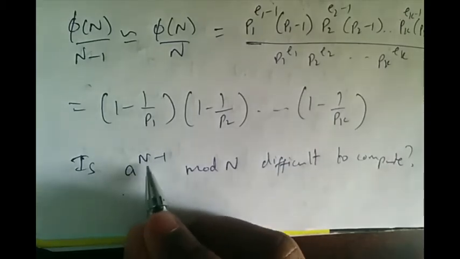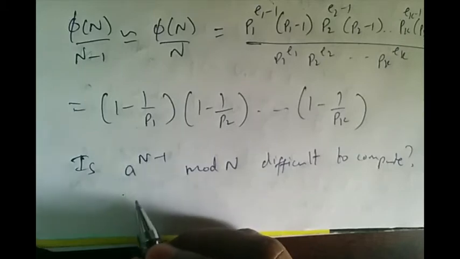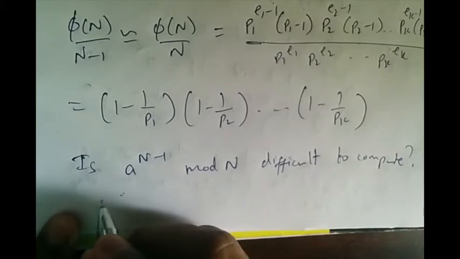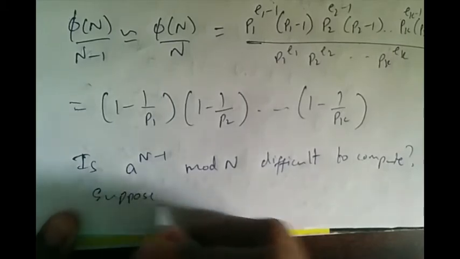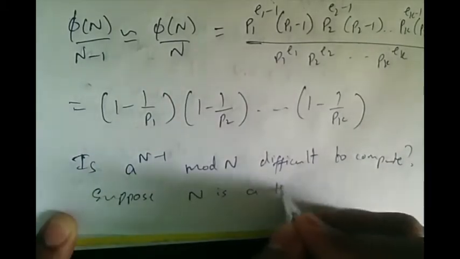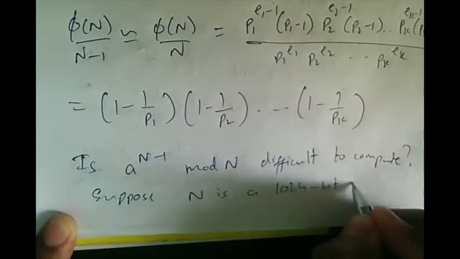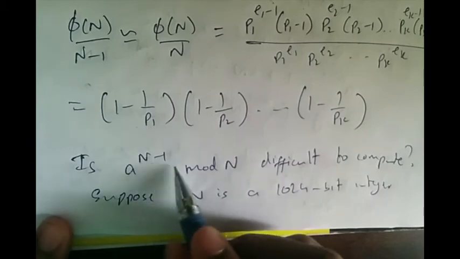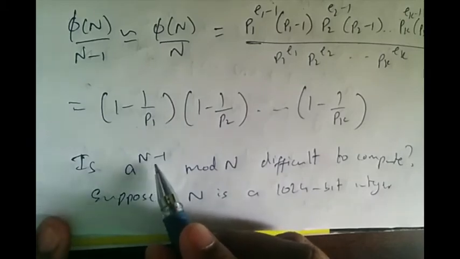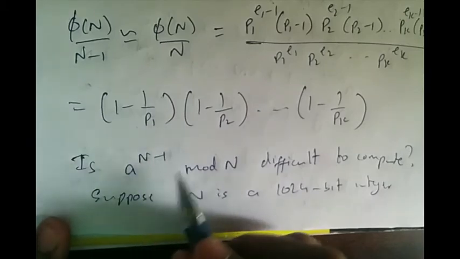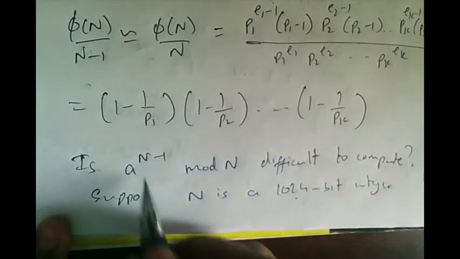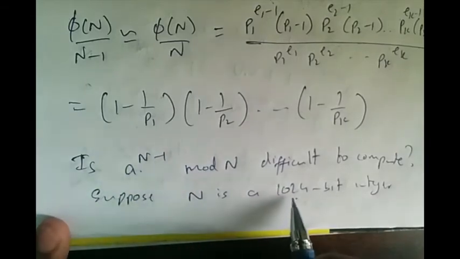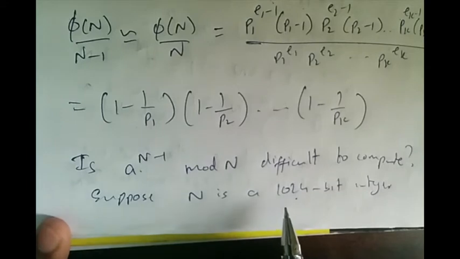So if little n is large, suppose n is a 1024 bit integer, then is it difficult to compute? I have to do a raised to some very large exponent, so in the exponent I have some integer of size 2 raised to 1024.